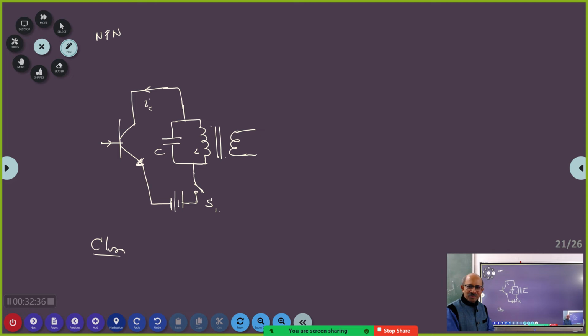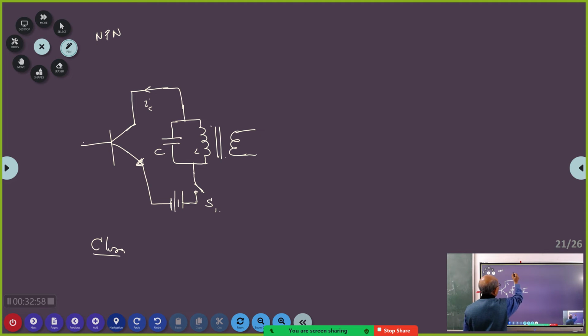Current will flow only if there is base current, otherwise it will not flow. Correct? So, you see, this transistor is acting like a switch. Okay, so this is what happens.